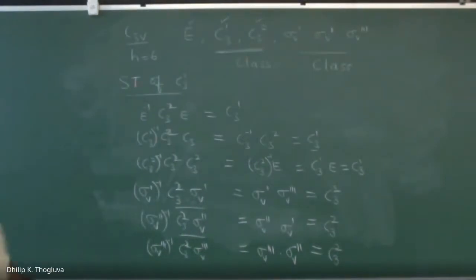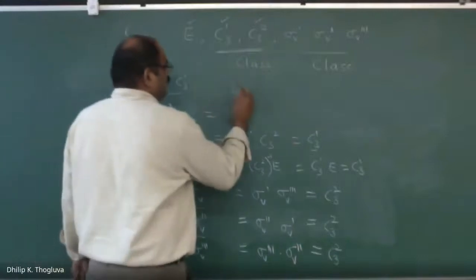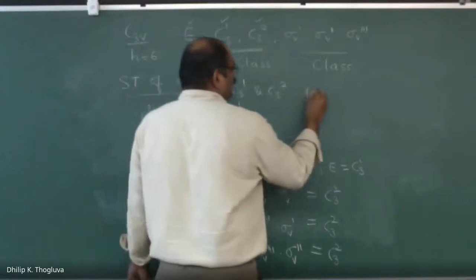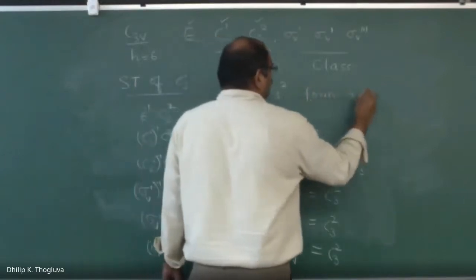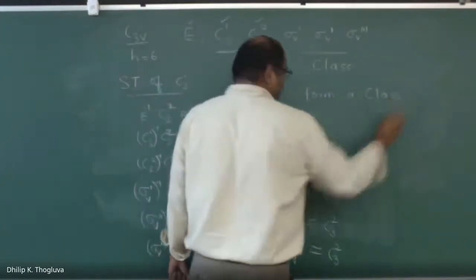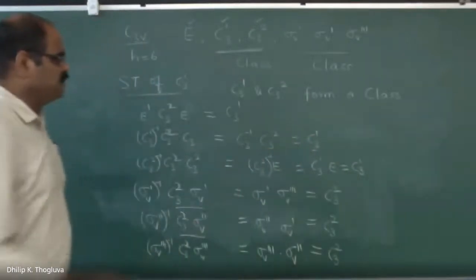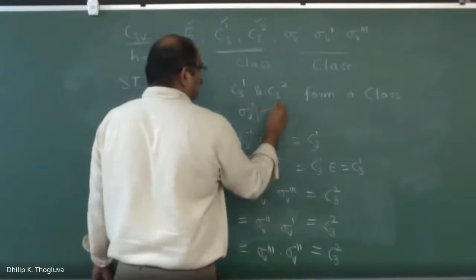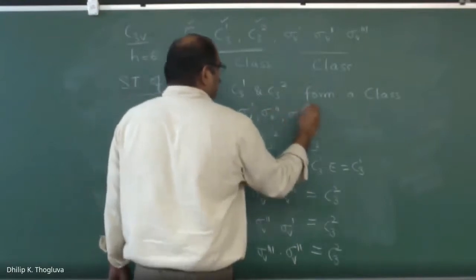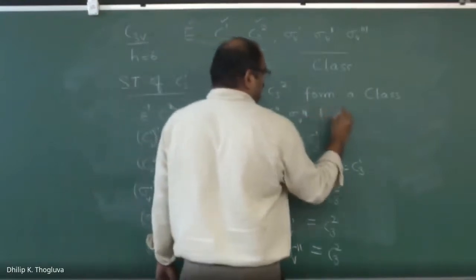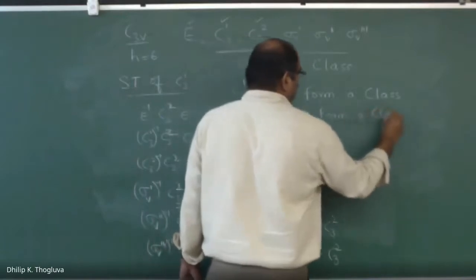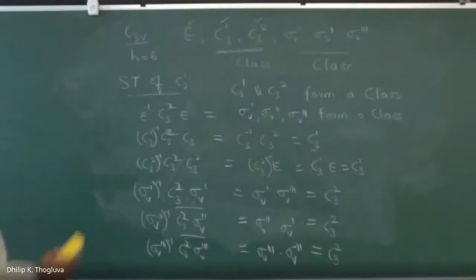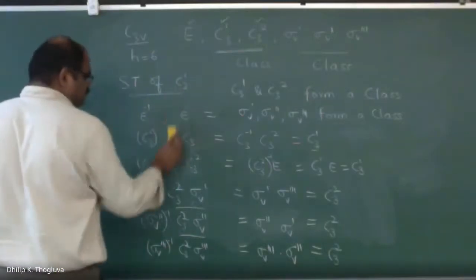Okay, so C3 1 and C3 2 form a class, because it will result always in C3 or C3 2, and sigma v prime, sigma v double prime, sigma v triple prime form another class. Okay, so obviously what I'm saying is you just take sigma v, substitute here.